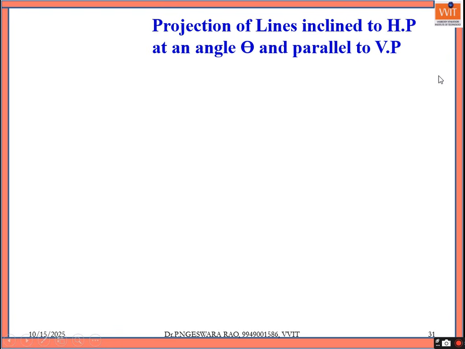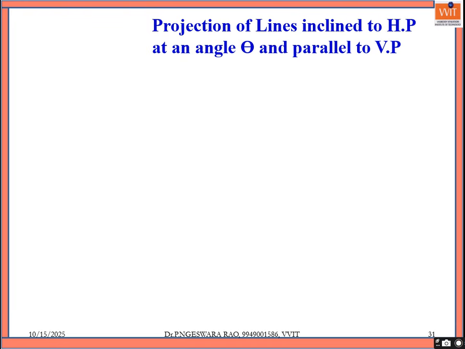Now the important one. Till now we discussed lines parallel to both planes or perpendicular to any one of the planes. Now the case is a line inclined to one plane. If it is inclined to HP, it is parallel to VP. That means both ends are at the same distance from VP, but with respect to HP they are at different distances.